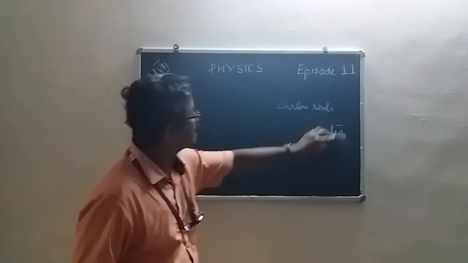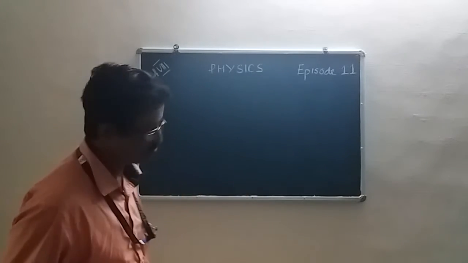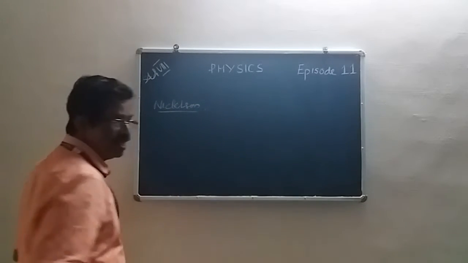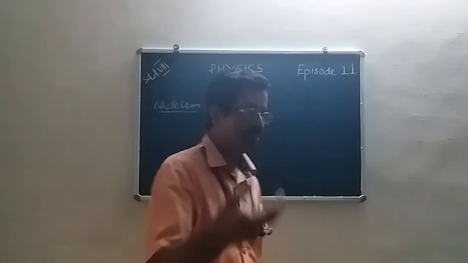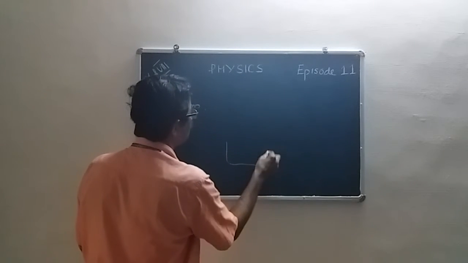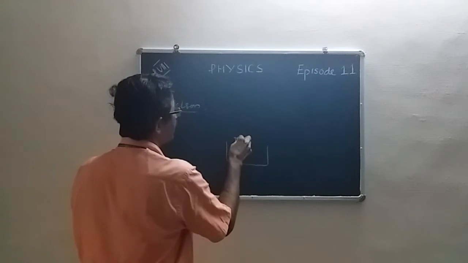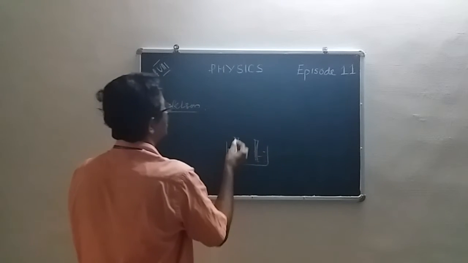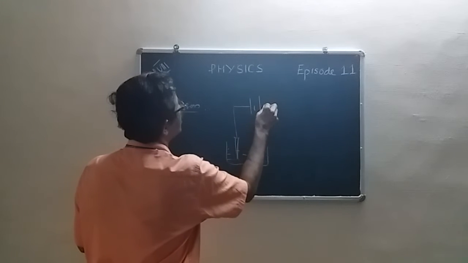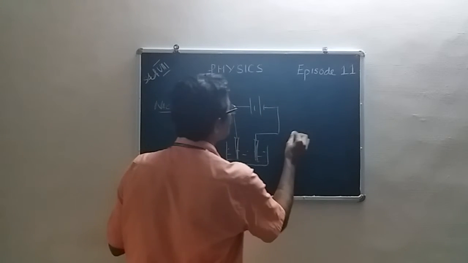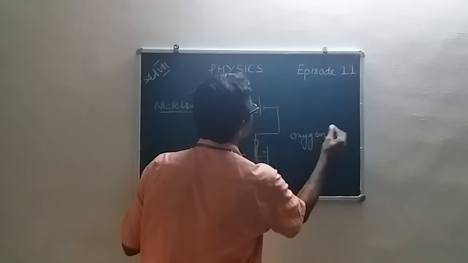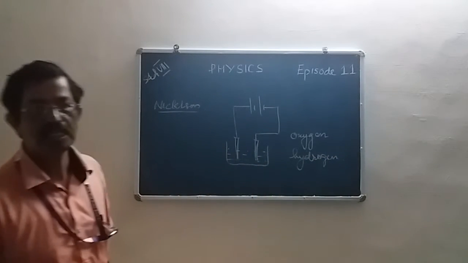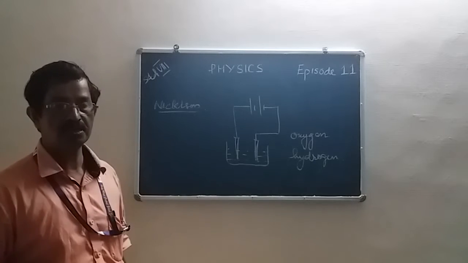You see, a scientist, Nicholson, discovered that when electric current passes through water, this is the water, and electric current passes through this one, there is oxygen and hydrogen gases formed on these electrodes.